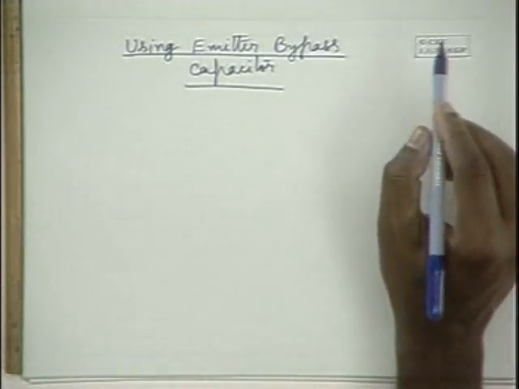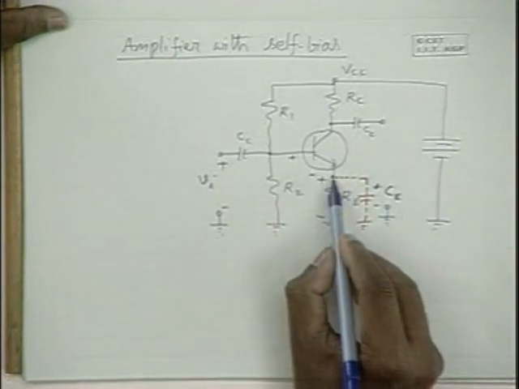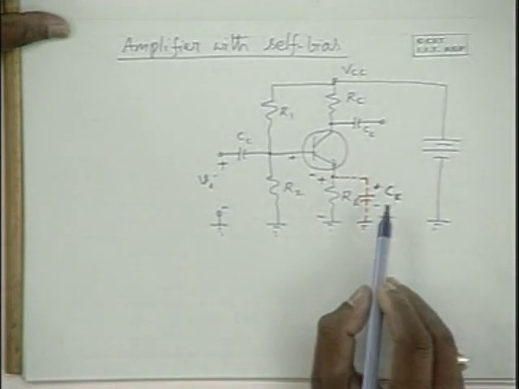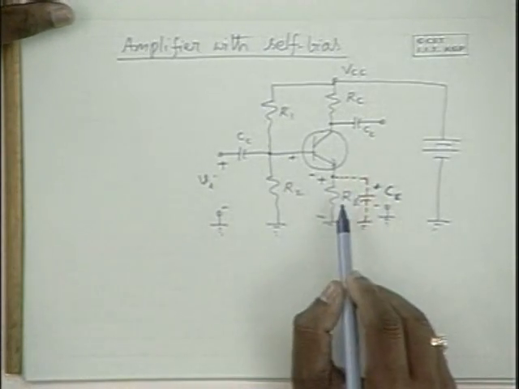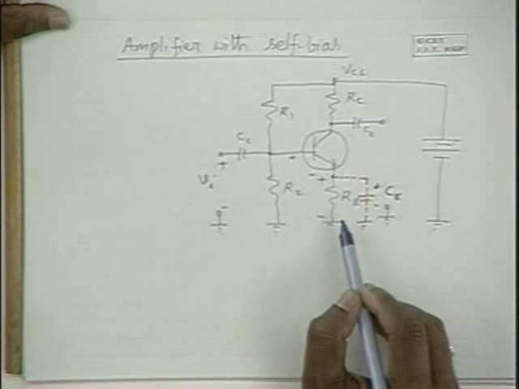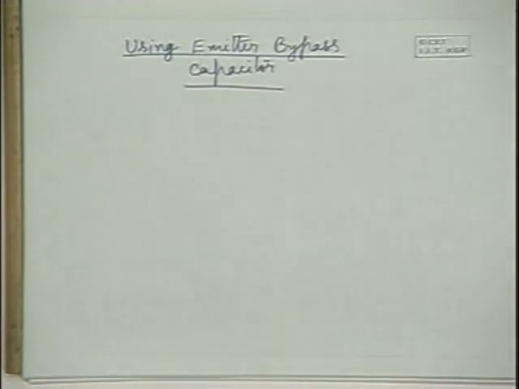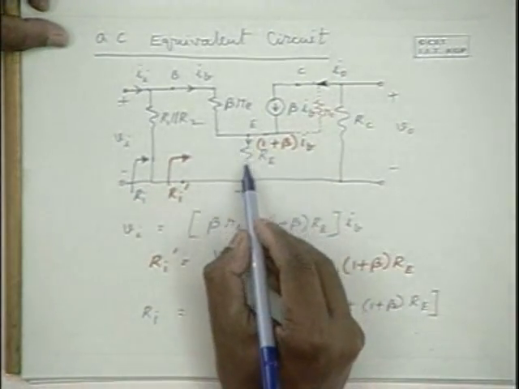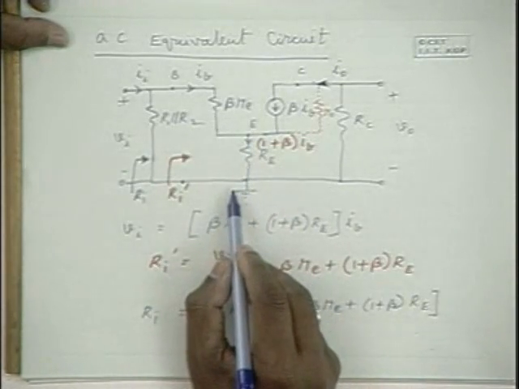So when the capacitance is introduced, for AC analysis, you can replace RE by a short circuit because it is a very low impedance, of the order of a few ohms or a fraction of an ohm, and this can be treated as a short circuit for all practical purposes. Therefore, in the equivalent circuit, when the emitter bypass capacitance is used, RE is out.